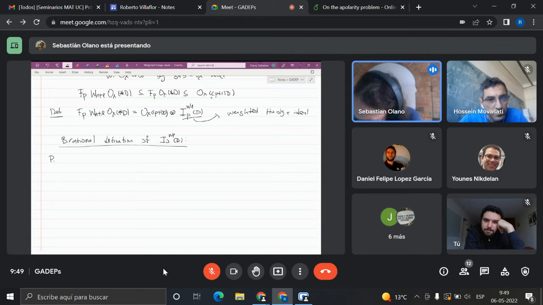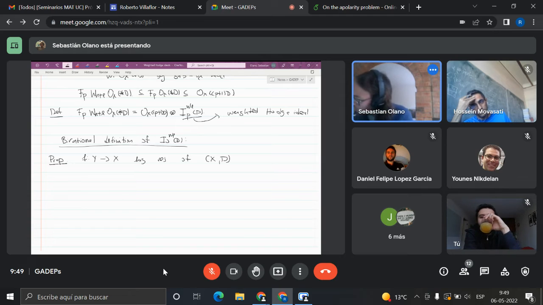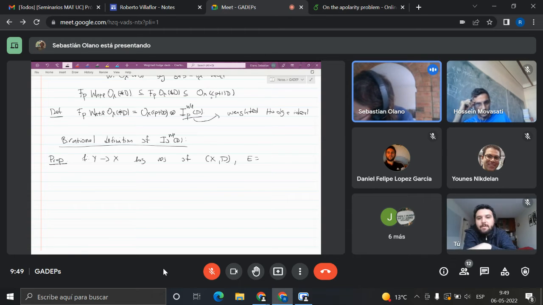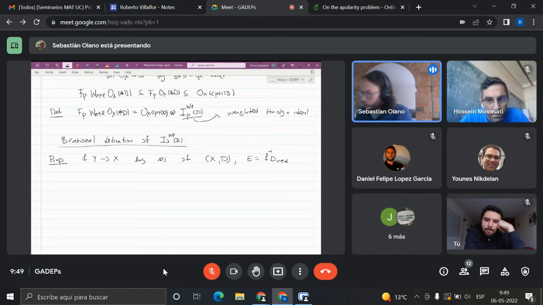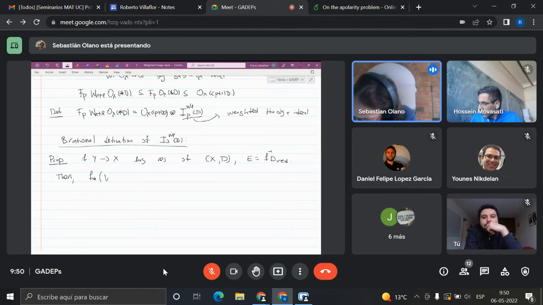And the result is that if we have a log resolution of singularities of (X, D), and we call E the reduced preimage of D, okay? So in some sense, it has the D tilde, the one that is birational to D, plus a bunch of exceptional divisors, and we count them with multiplicity 1 here. Then we can define these zeroth Hodge ideals just by pushing forward these sheaves.